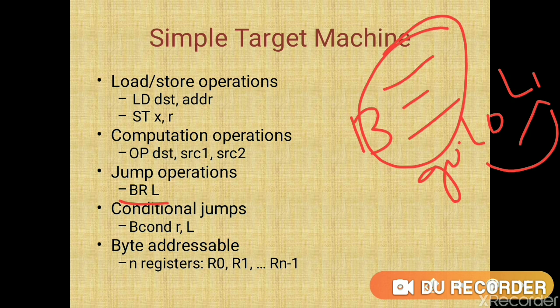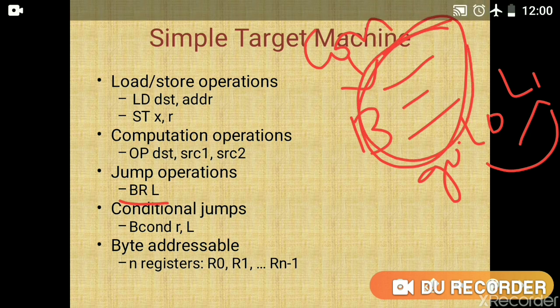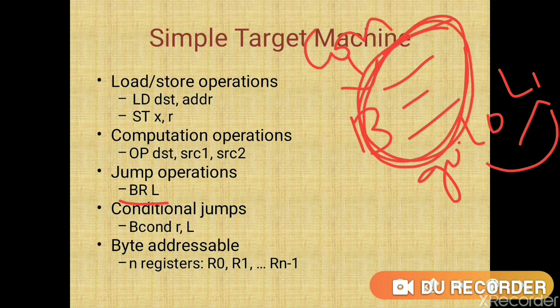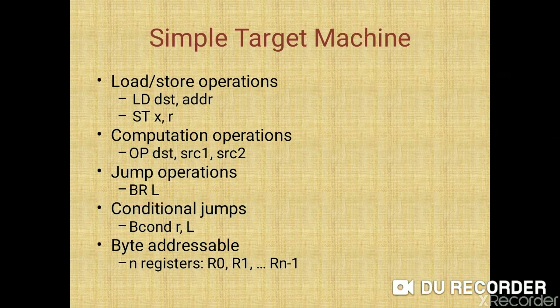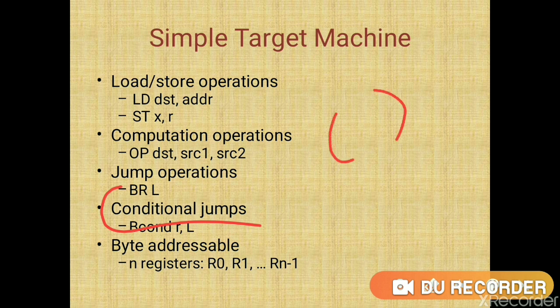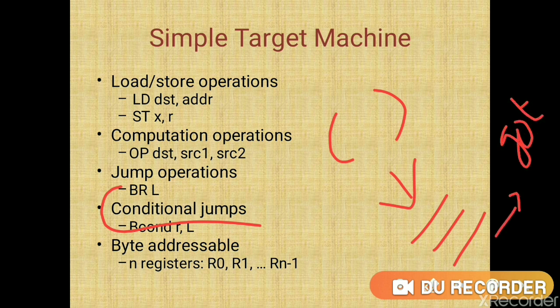If you are given some condition, that means we will execute some particular statement if the condition is true. So, in a conditional jump, you are given some set of conditions. If the condition is true, you execute some set of statements, and finally you are given a particular label.